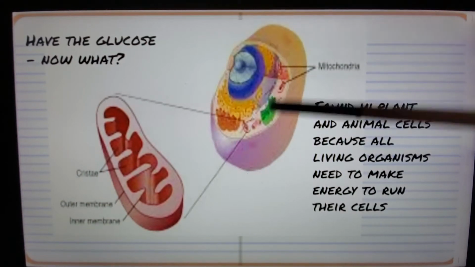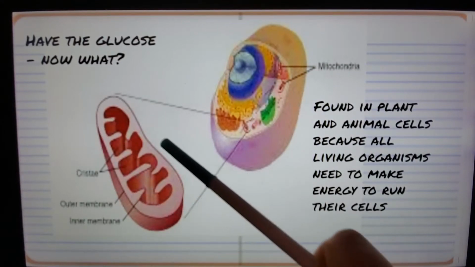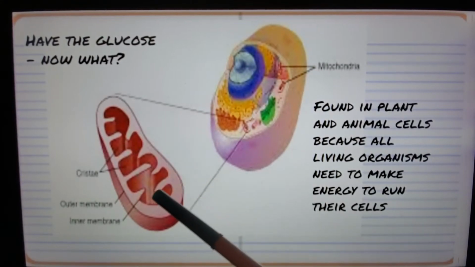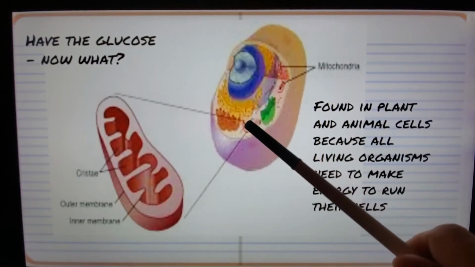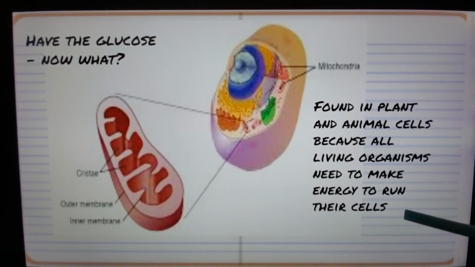Now what? Well, to remind you, all plant and animal cells have this organelle called the mitochondria located within them. That is because all living organisms need to make energy to run their cells. Plant, animal, bacteria, fungi, they all need some kind of energy to run on.